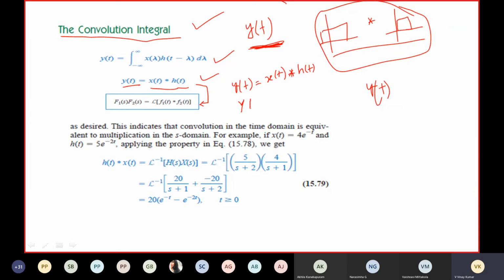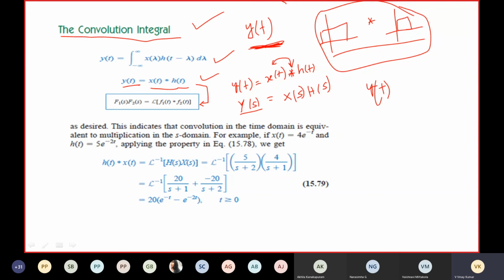This is nothing but y of s is equal to x of s into h of s. Finding the convolution of these two signals is nothing but finding y of s and taking the inverse Laplace of y of s. Then you are going to get y of t.